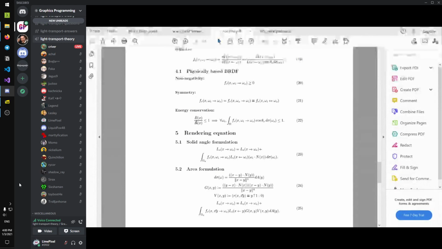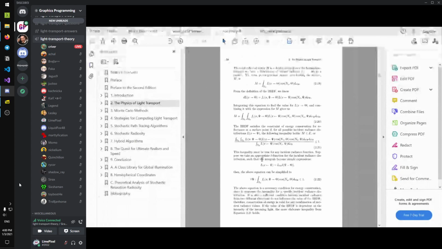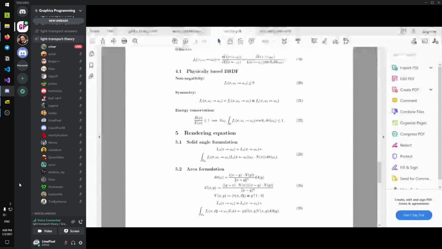So what they do to simplify this is they say, okay, we'll consider only one possible direction for incident light. And if you do that, the integral simplifies. So this ugly expression here simplifies, and you get really what I think you're familiar with regarding BRDFs. It's basically that for any incident direction, this integral should never be larger than 1.